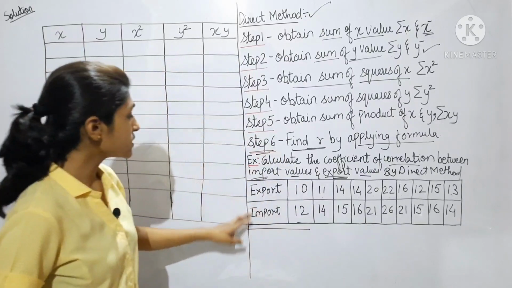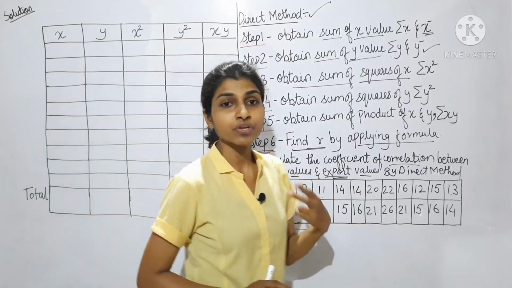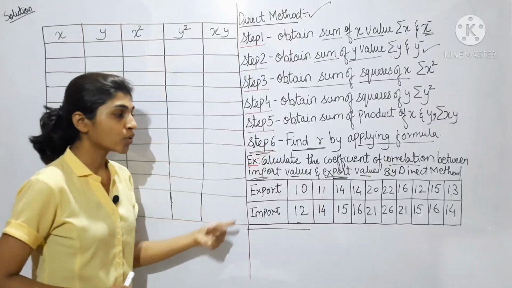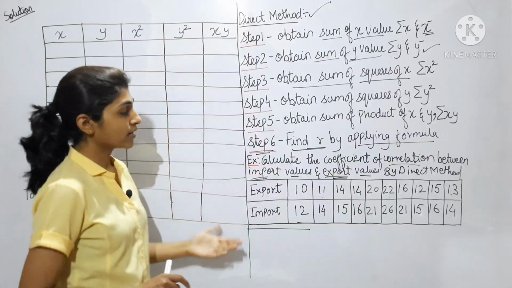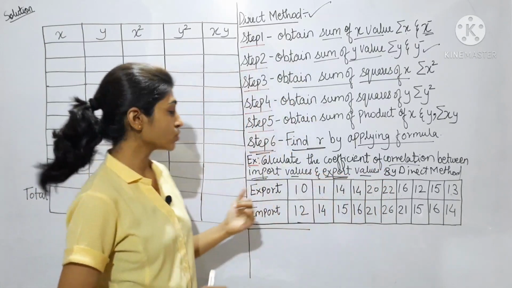Okay, now these are the values of import and export. In correlation we require two variables. So we have import and export as variables, and we are going to give variables to them.